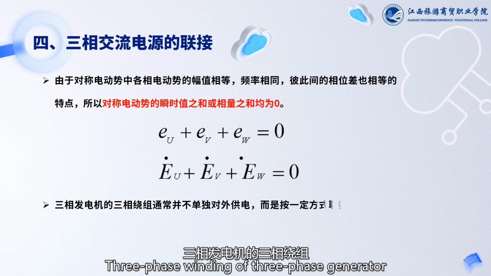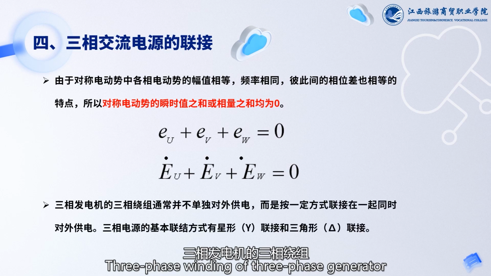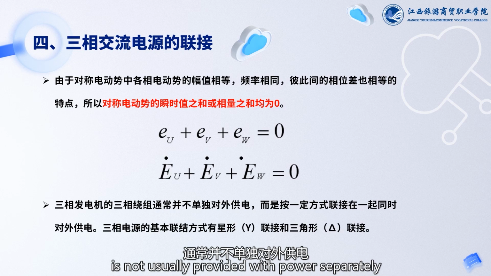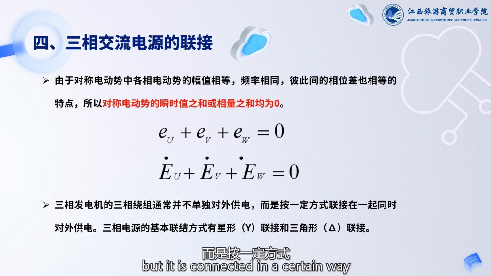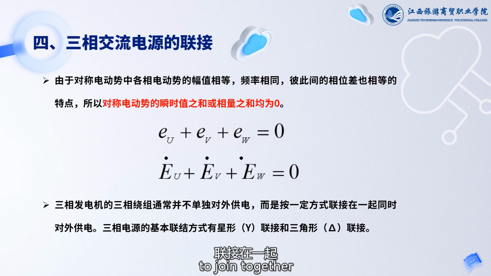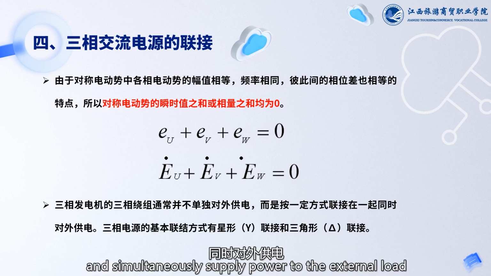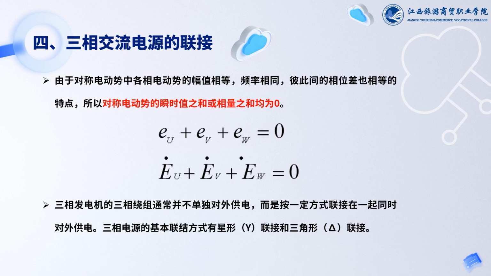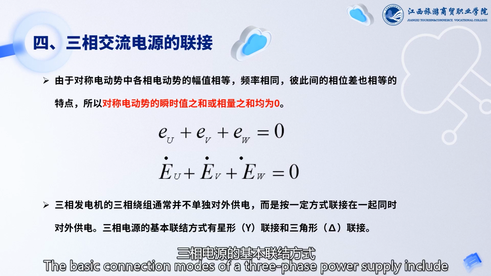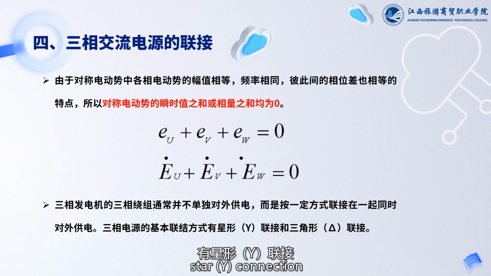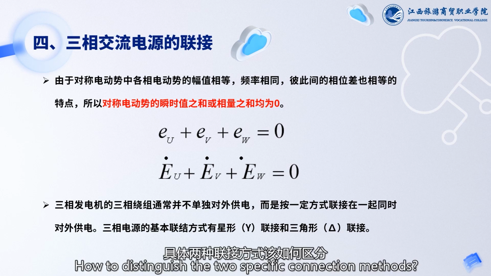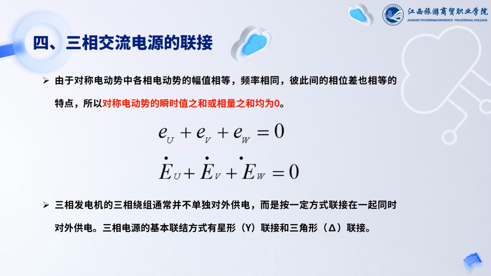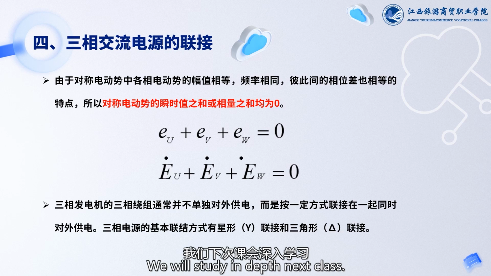The three-phase winding of a three-phase generator is not usually used to supply power separately, but is connected in a certain way to join together and simultaneously supply power to the external load. The basic connection modes of the three-phase power supply include star (Y) connection and delta connection. How to distinguish the two specific connection methods, we will study in depth next class.